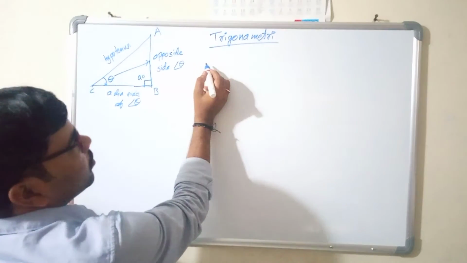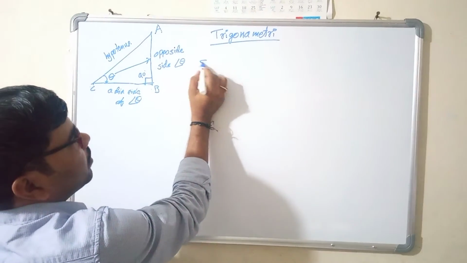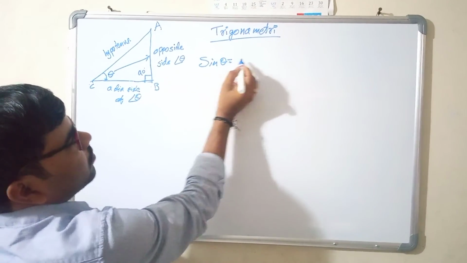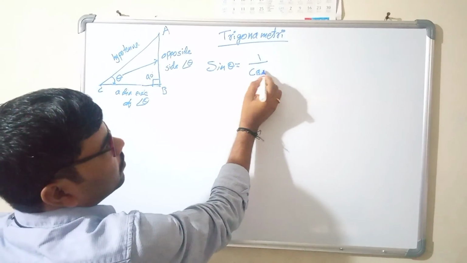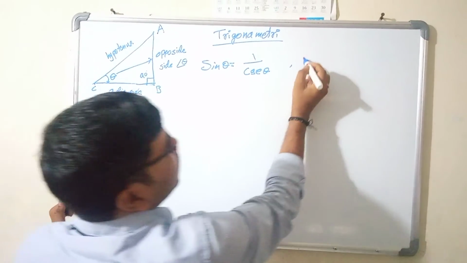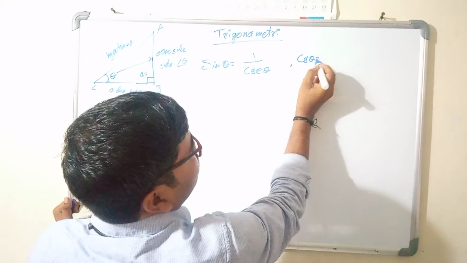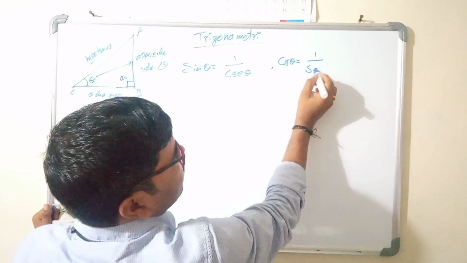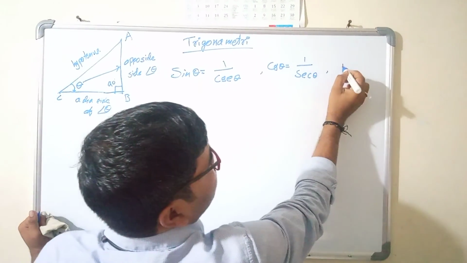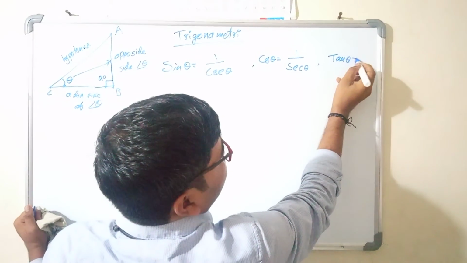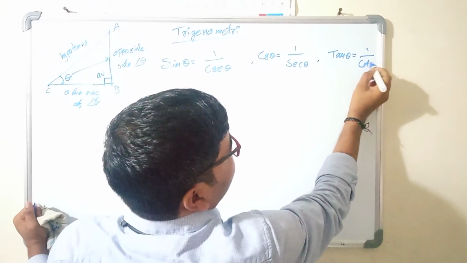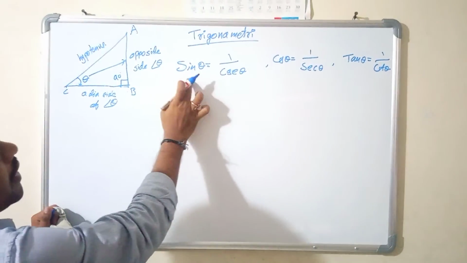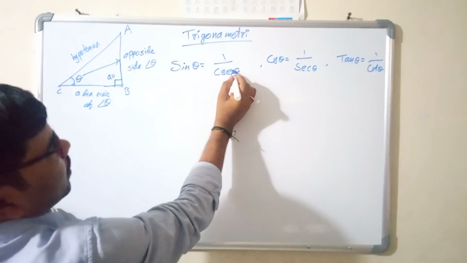Next we will discuss about the reciprocals. That means sin theta is equal to the reciprocal of what? Cosec theta. Next cos theta is the reciprocal of secant theta. Next tan theta is the reciprocal of cot theta. Next see, sin theta is the reciprocal of cosec theta.